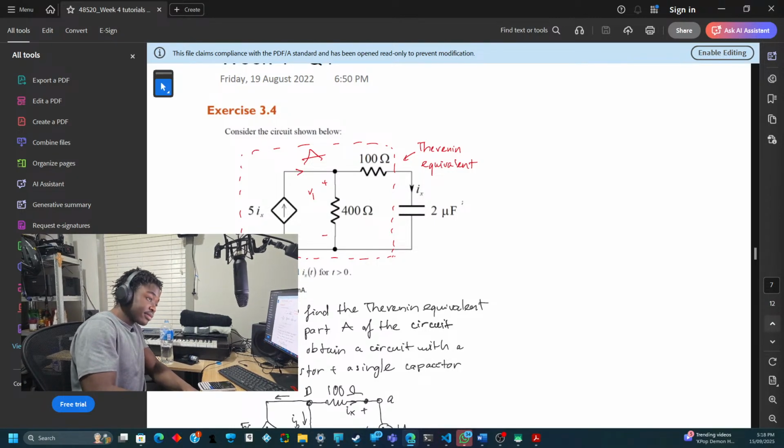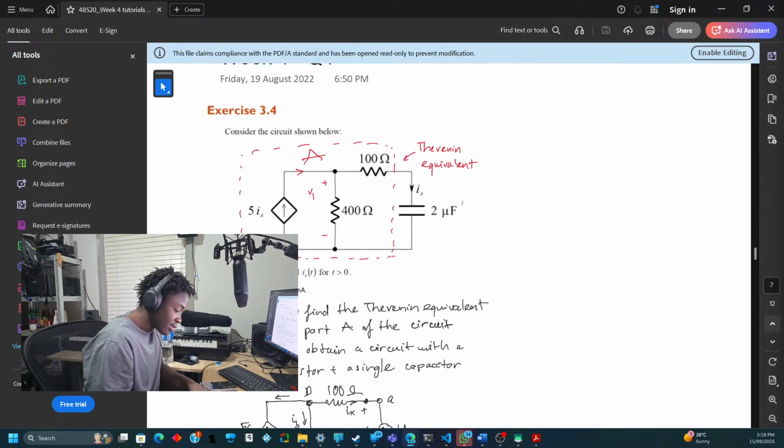The definition of a capacitor. Ix is equal to C dV2 over dt, then dV2 over dt is equal to, in this case it's 200, in our case equal to 1500 Ix.